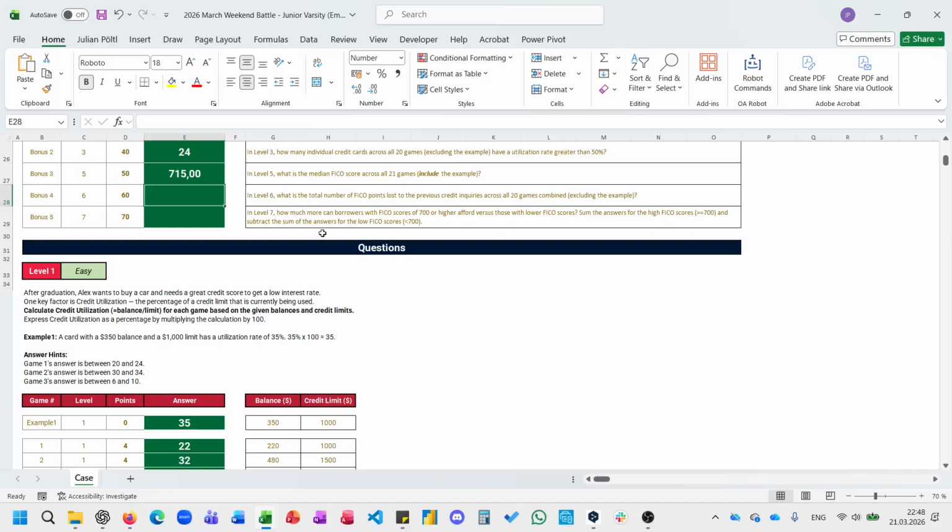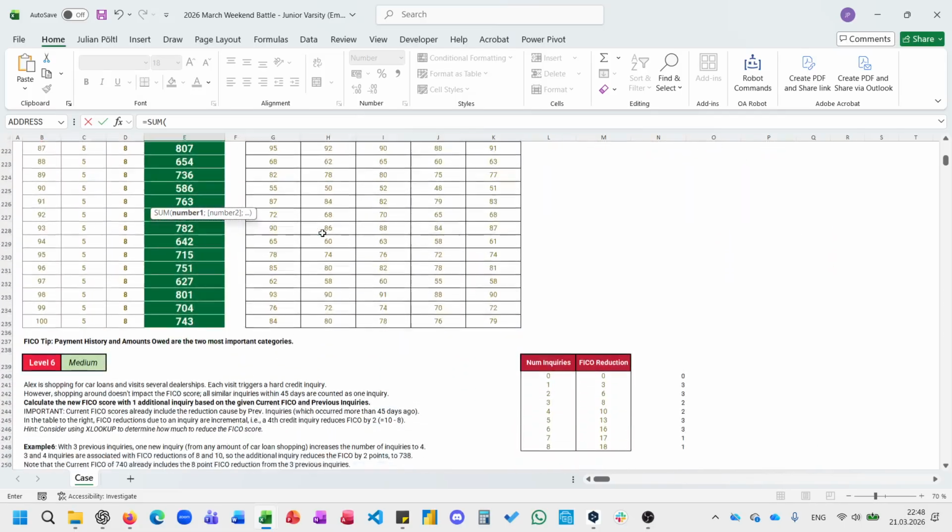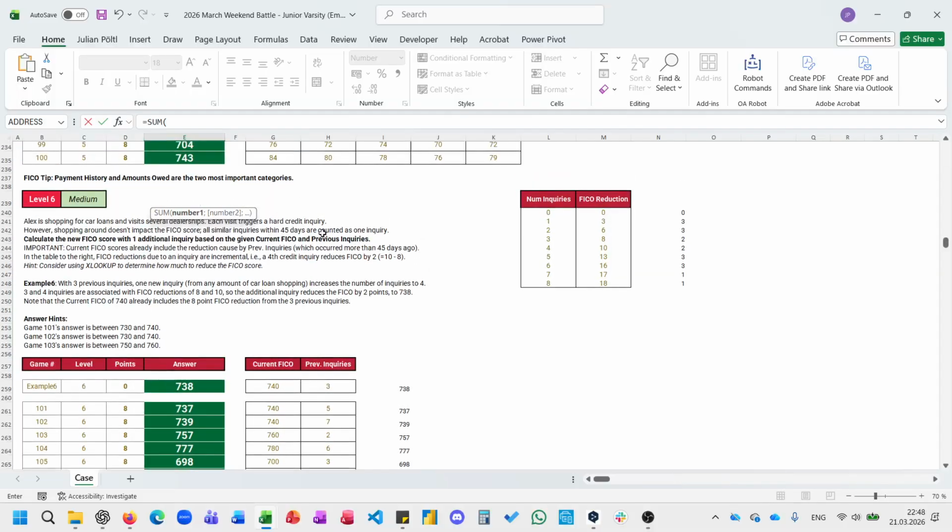Level 6. What is the total number of FICO points lost to previous credit inquiries? Sum. Also to previous.